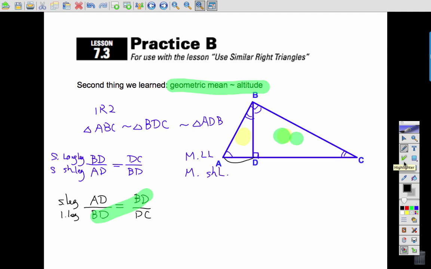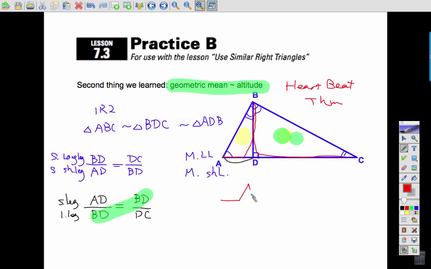Okay? Also, I want to tell you that some people call this a heartbeat theorem. The reason for that is, look at this. If I go by this sequence, AD over BD equals BD over DC.